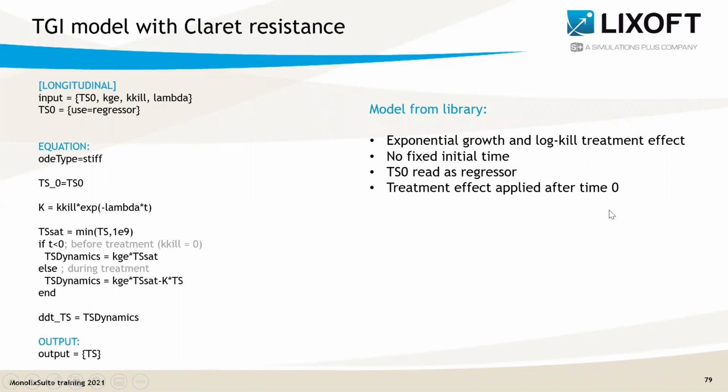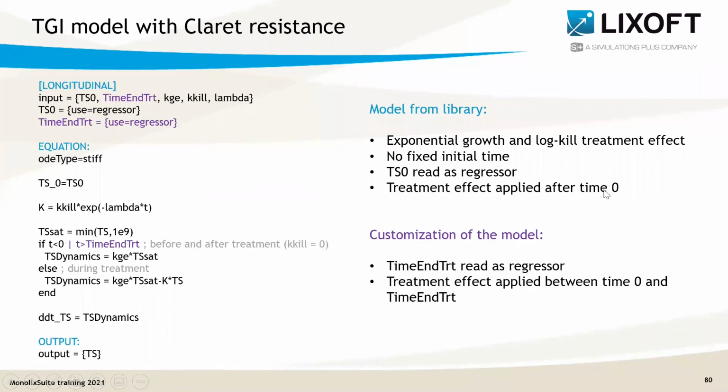This is the model from the library, and it has to be customized a little bit to take into account the end of the treatment that I have shown you in the data. To do this, I have just added the time of end of treatment as another regressor that is used here for the application of the treatment in this time period.